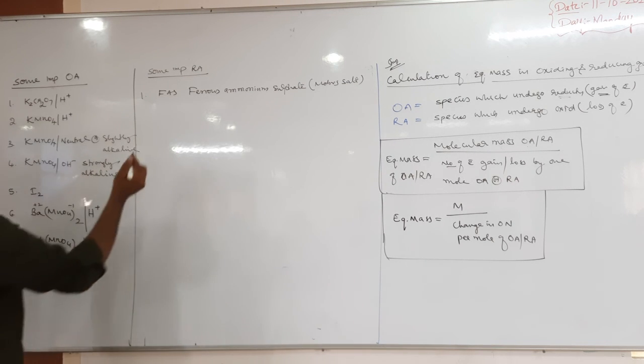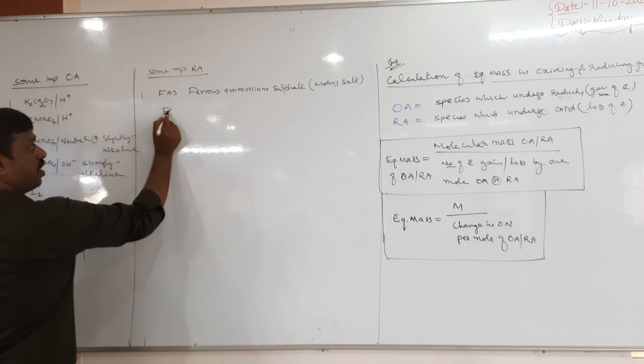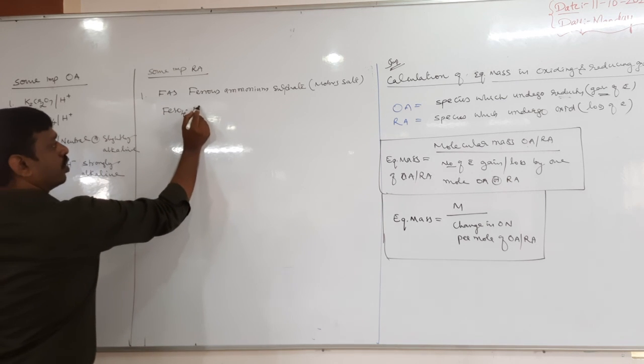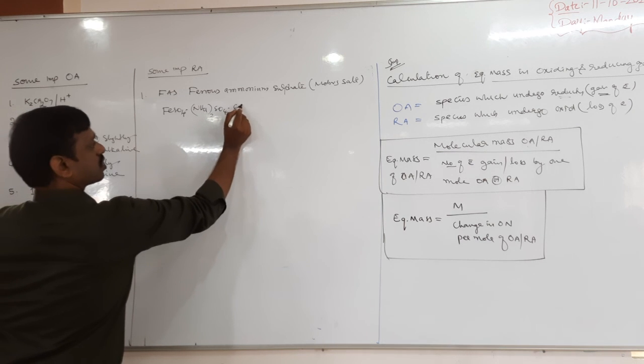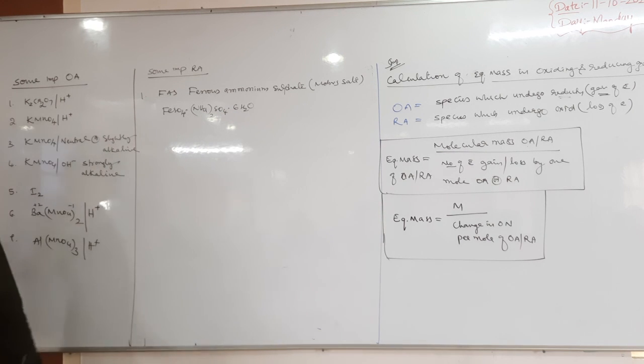So what is the formula? Ferrous sulfate, ammonium sulfate, 6H2O. Ferrous ammonium sulfate. Ferrous sulfate, ammonium sulfate, 6H2O.